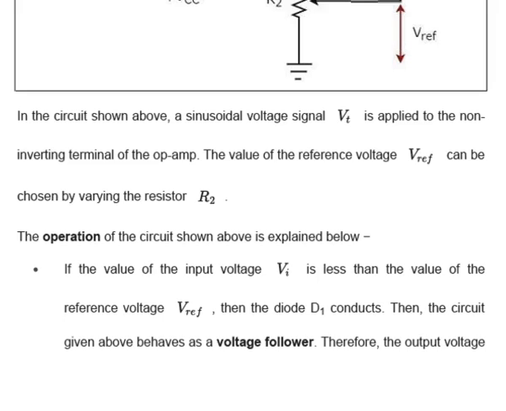Now, if the value of the input voltage Vi is less than the reference voltage V reference, then the diode D1 conducts, and the circuit behaves as a voltage follower. Therefore, the output voltage V0 will be the same as the input voltage Vi for Vi less than V reference.